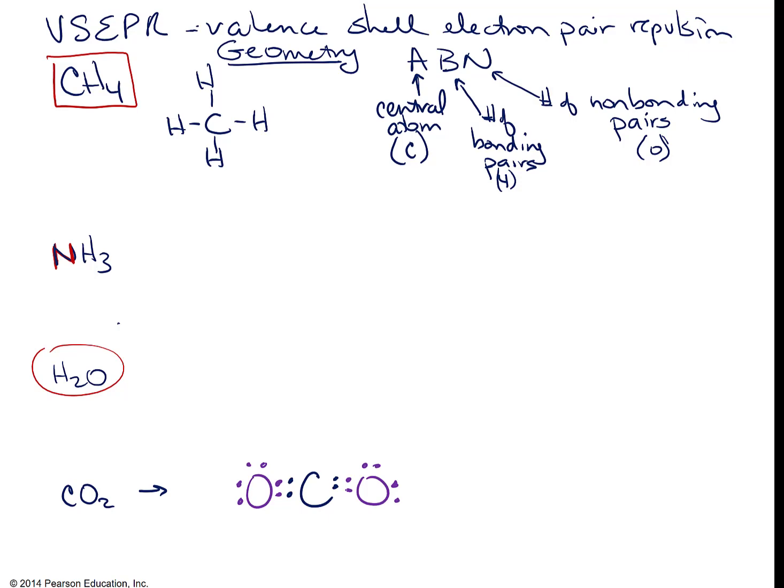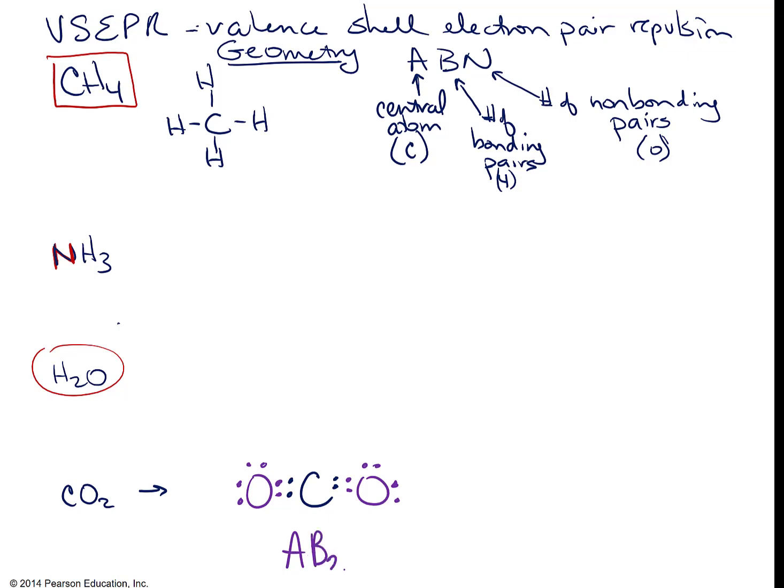They've got one, okay? In that one, if we have carbon in the middle, we're going to say it's the A. How many groups does it have connected? It doesn't matter if it's a single bond, double bond, or a triple bond. It has two oxygens connected.